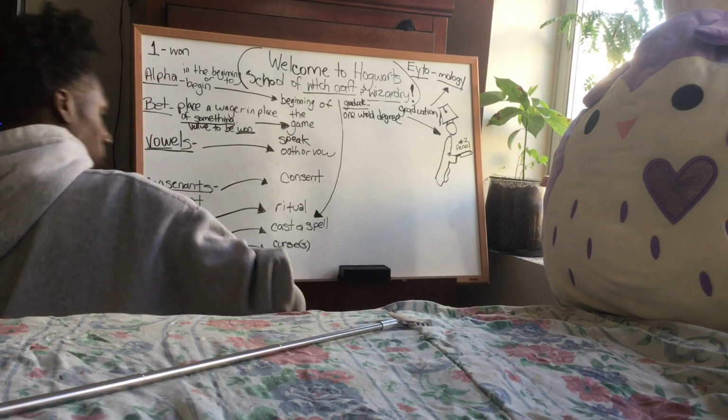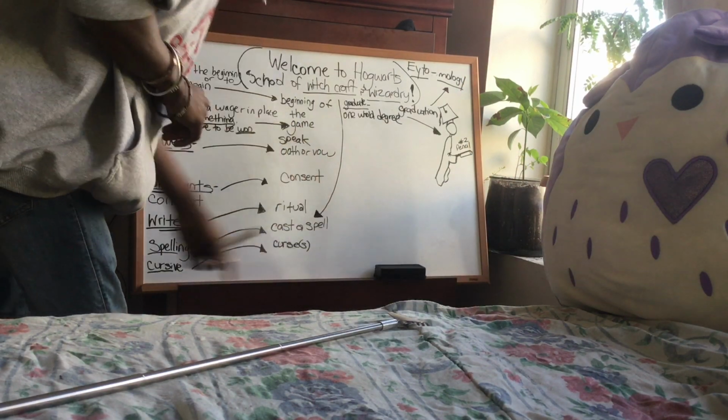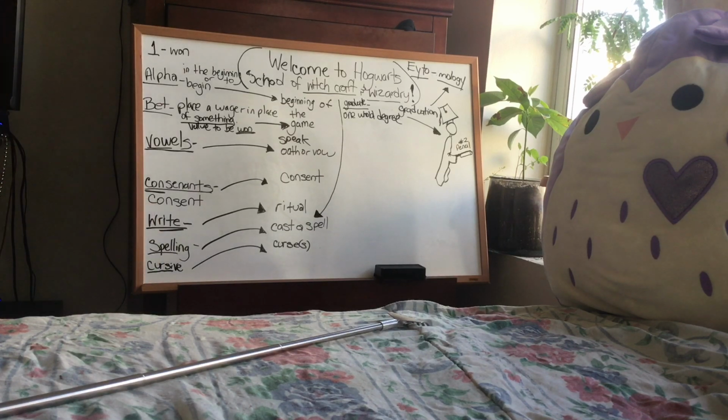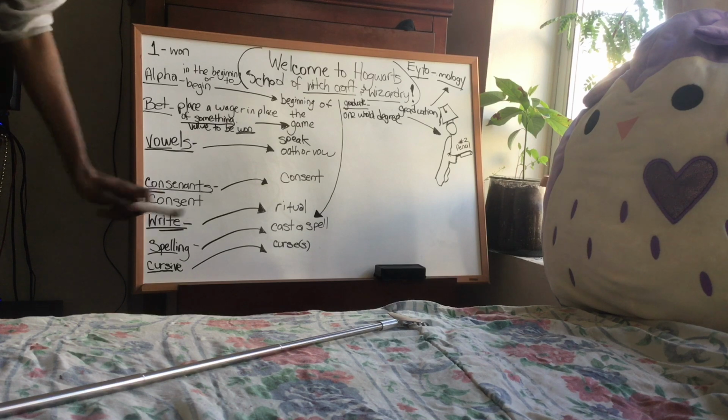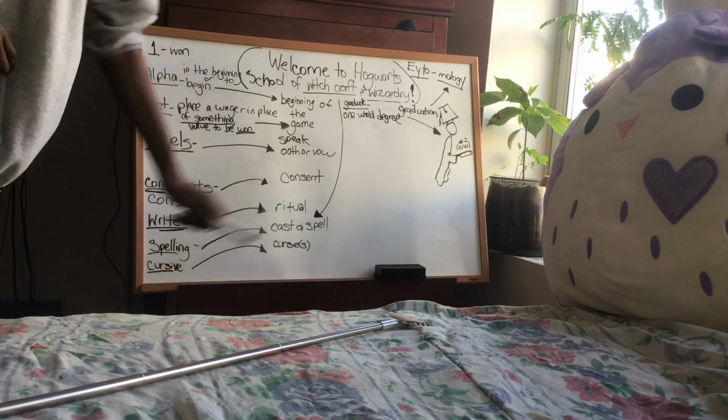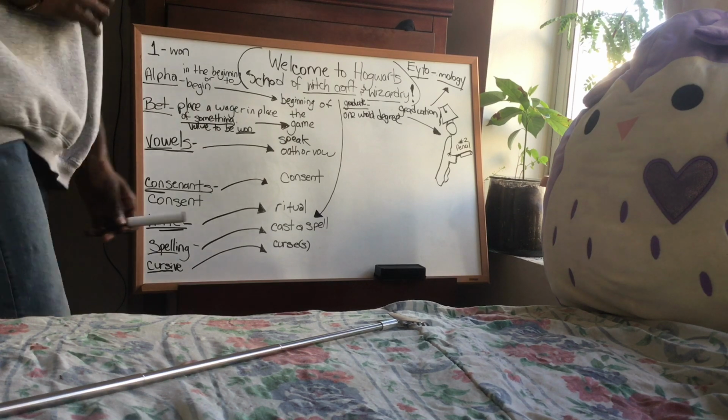So you also learn cursive in school, which is the curse. You also learn spelling, which is a casted spell. You also learn writing, which is a ritual. You're casting a spell, which is really a curse, while you're doing your ritual, which is to write.